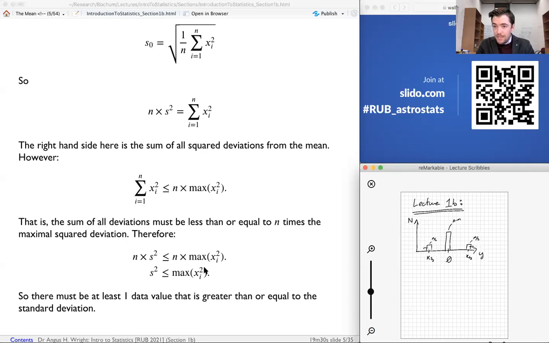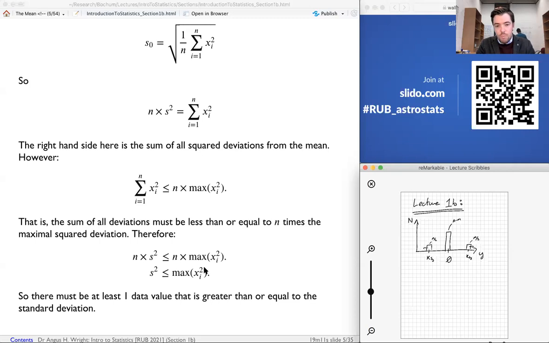So that is to say that there has to be one xi value that is greater than or equal to the standard deviation by definition, because of this formula. Okay, cool. Hopefully that's clearish.